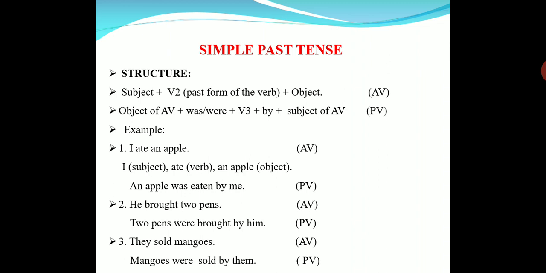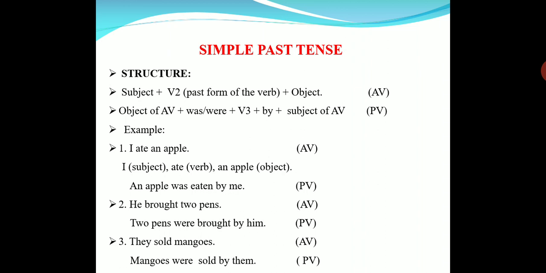Let us see some examples. I ate an apple. I is the subject. Ate is the main verb, that is V2 form of verb. And an apple is the object. Next. The object an apple becomes subject.